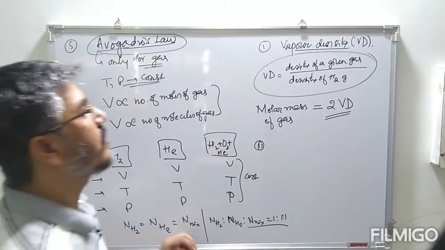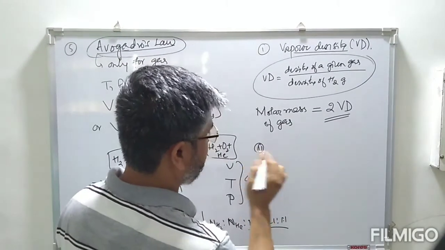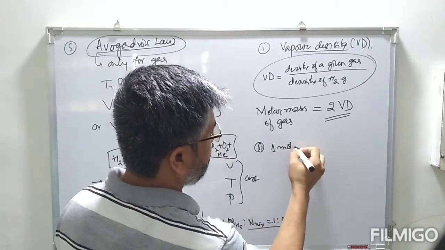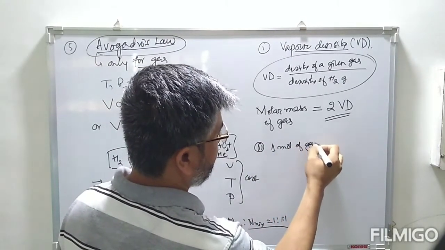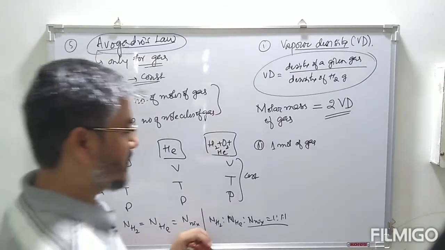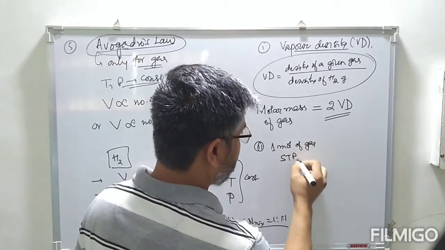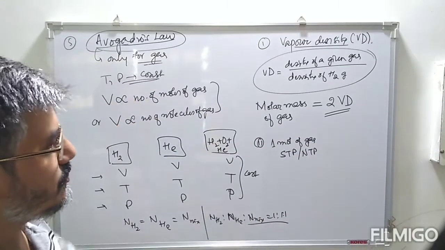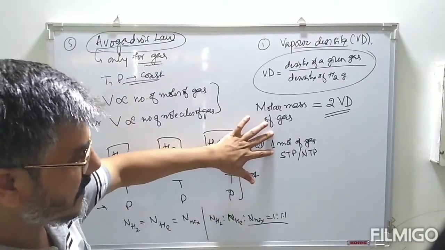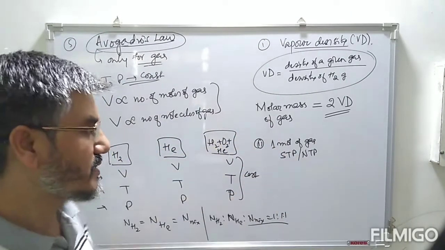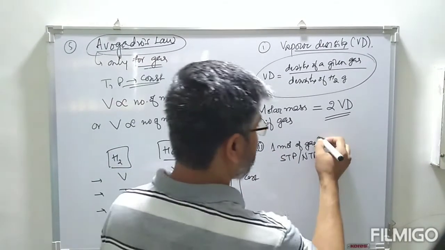Second, we have molar mass. So 1 mole of ideal gas at STP, standard temperature pressure or normal temperature pressure. The volume occupied by 1 mole of ideal gas at STP is always a fixed quantity.